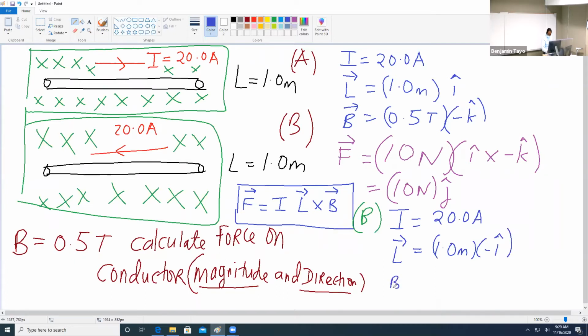The magnetic field is the same, 0.5 Teslas in the negative K hat direction. Now put everything together here and do the math correctly. You should just get negative 10 Newton.